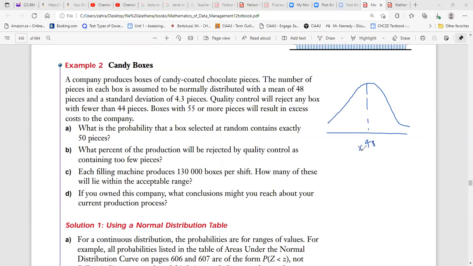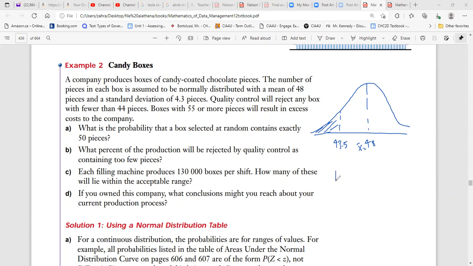That was the mean. Too few pieces means less than 44, so 44 is your minimum acceptable. Less than that is rejected, so it's going to be 43.5. We don't put 44 because 44 is acceptable, right? You need to find this area which is rejected.